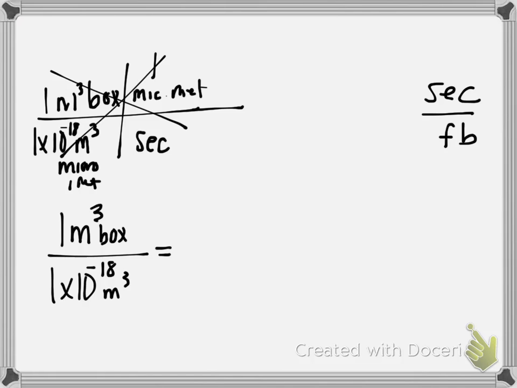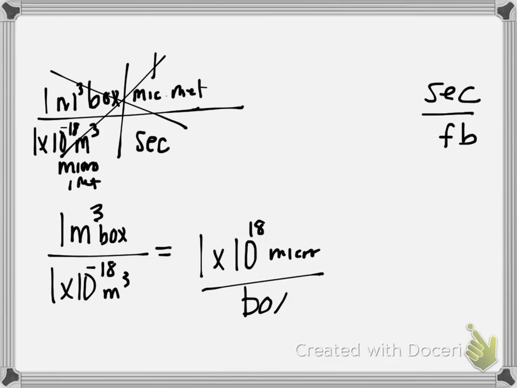So that ends up at 1 times 10 to the 18th micrometeorites per box. That's what we want right there. So that's the answer, right?